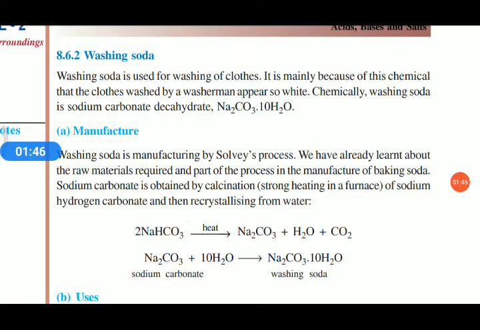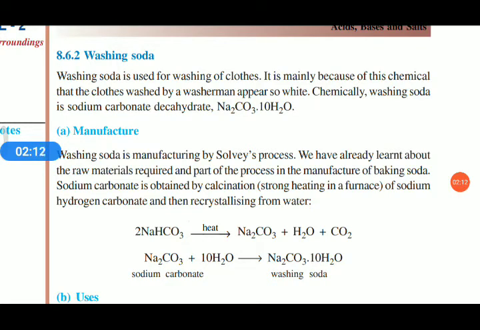For making baking soda, we stop Solvay's process at an intermediate stage. First, heat NaHCO3, sodium hydrogen carbonate, well. By heating, we get Na2CO3, sodium carbonate, plus water plus carbon dioxide.